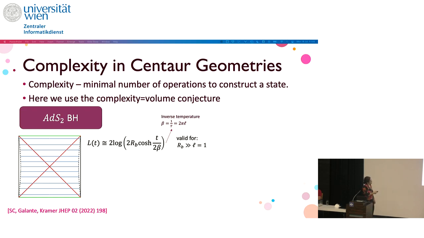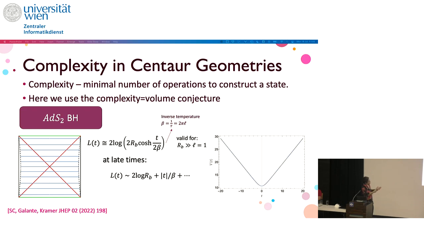And that's essentially the formula, log of a cosh. If we consider late times in particular, we see a linearly increasing value for this length of the slice. And this was proposed, or related very often, to the chaotic nature of the theory.